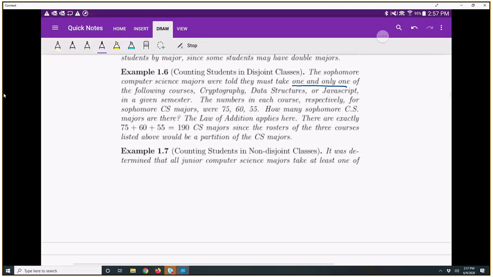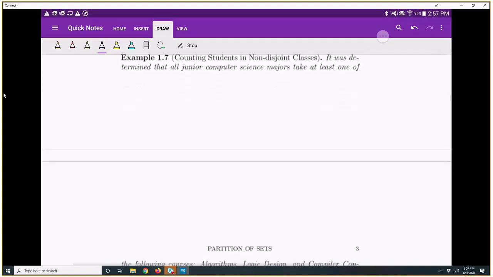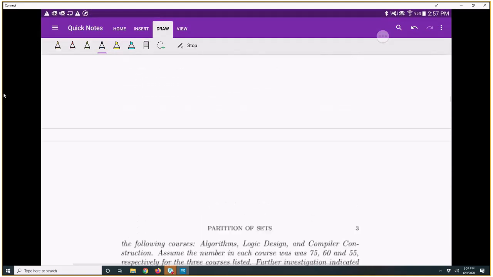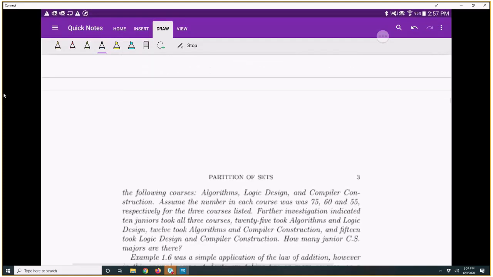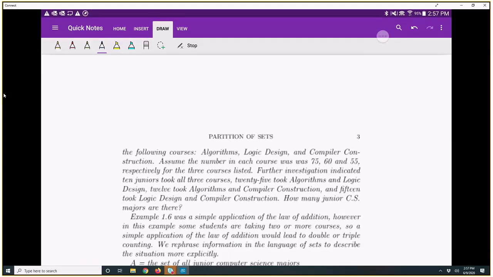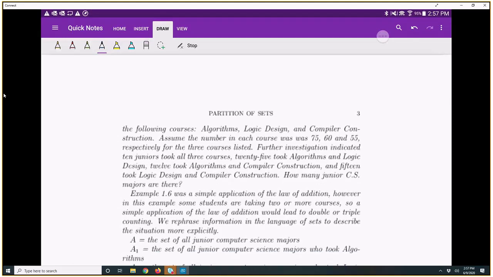On the other hand, if it was determined that all junior computer science majors should take at least one of the courses algorithms, logic design, and compiler construction, and we were told that the number in each course was 75, 60, and 55 respectively, we wouldn't be able to use the law of addition right away.